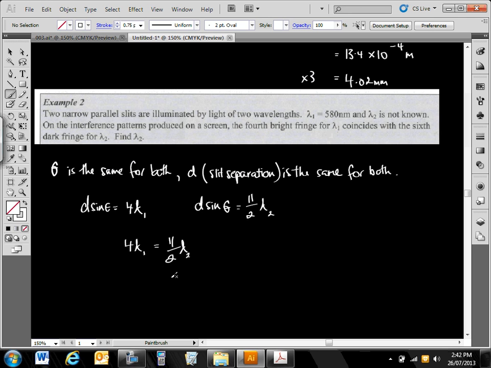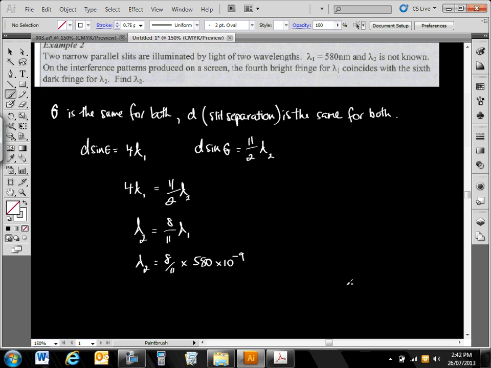We know what lambda 1 is. If I leave lambda 2 by itself, lambda 2 is equal to 8 over 11 lambda 1. 8 on 11 times 580 by 10 to the minus 9.